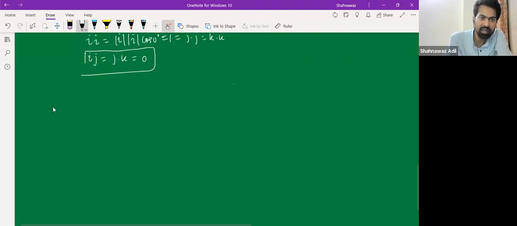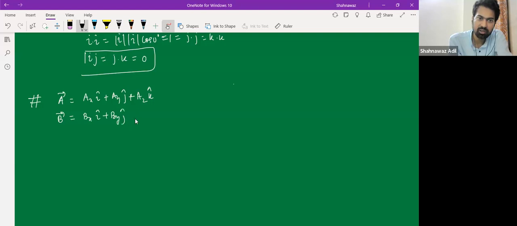Let's say that I have two vectors in the Cartesian form. These are, let's say, AXi and AYj and AZk, and B vector is BXi and BYj and BZk.